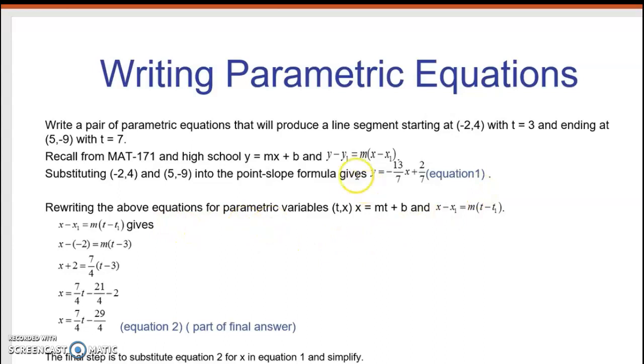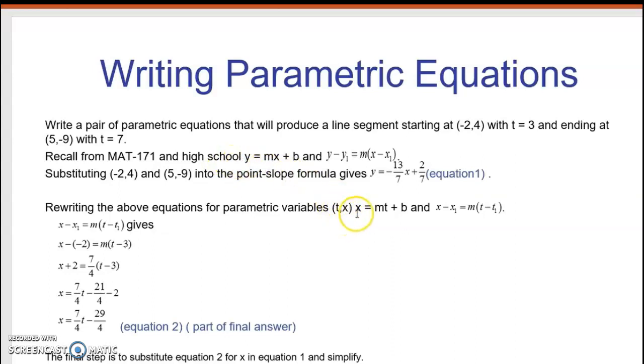Now, rewriting the slope-intercept formula and the point-slope formula for parametric equations. With parametric equations, we know our first variable is t, representing time, and the second one is x. So in our normal point-slope formula, where we have y, the second portion of the coordinate of a point in our rectangular system, we replace that with the second portion of the coordinate here, which is x.